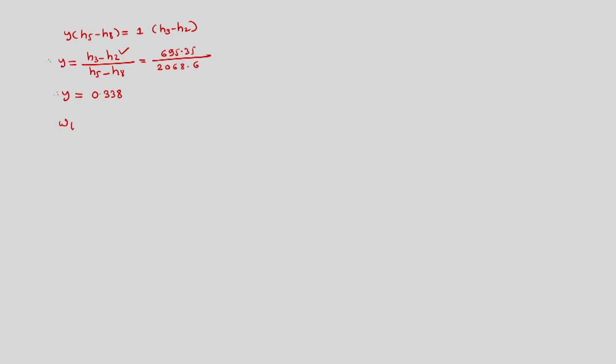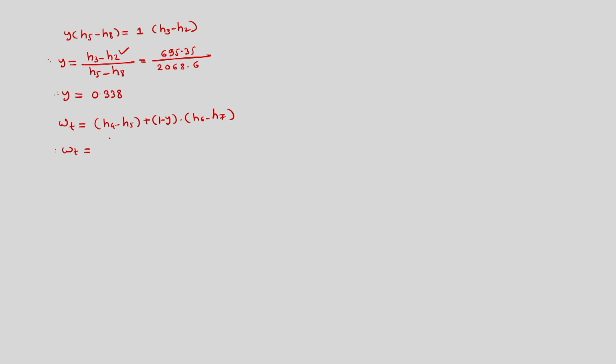So we can now write down turbine work. Turbine work is equal to H4 minus H5 plus 1 minus Y into H6 minus H7.